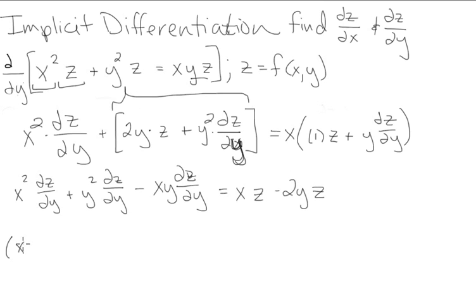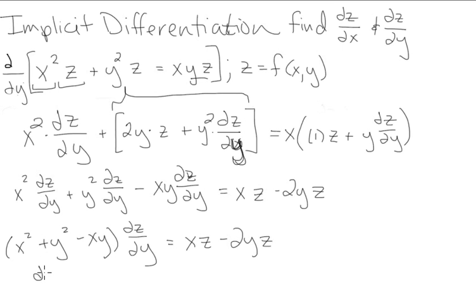I factor out my dz dy on the left-hand side. My right-hand side is unchanged. And then I divide through to get dz dy by itself. And I'm done.